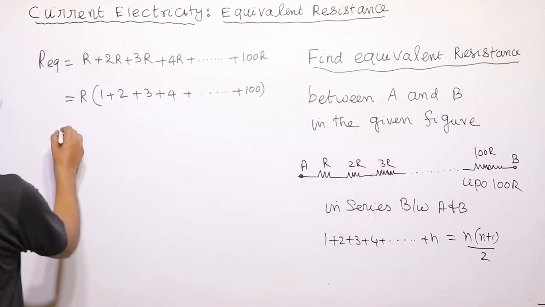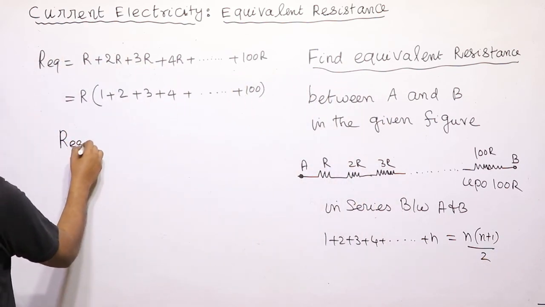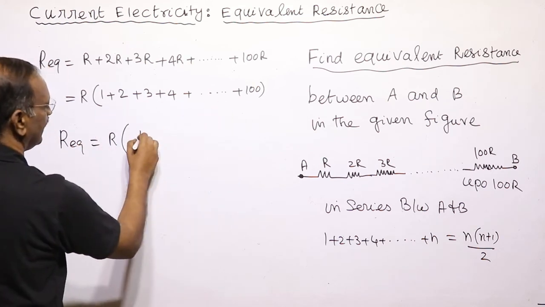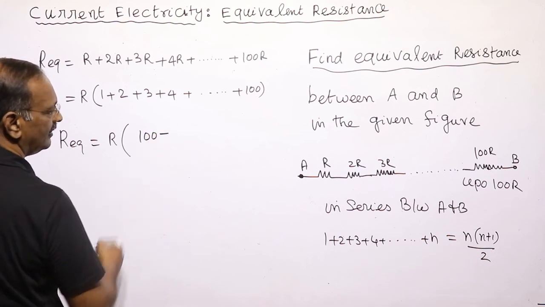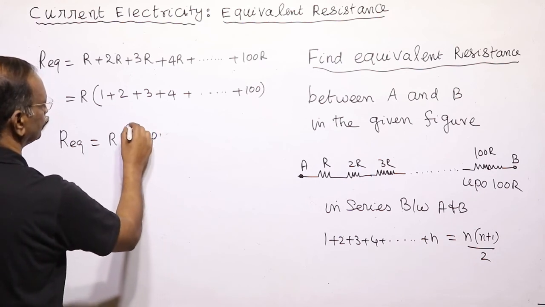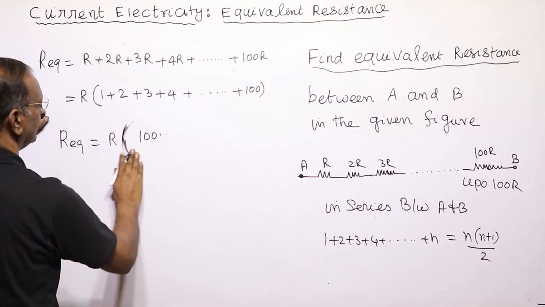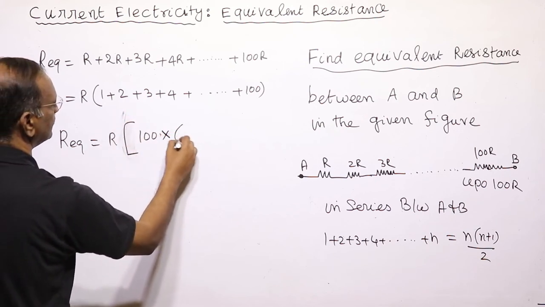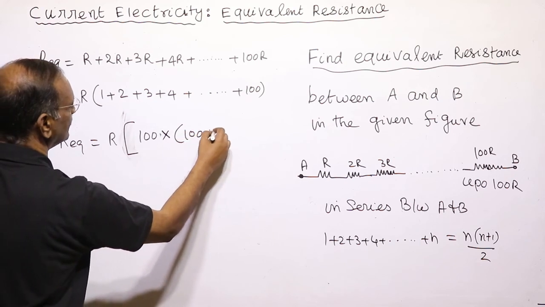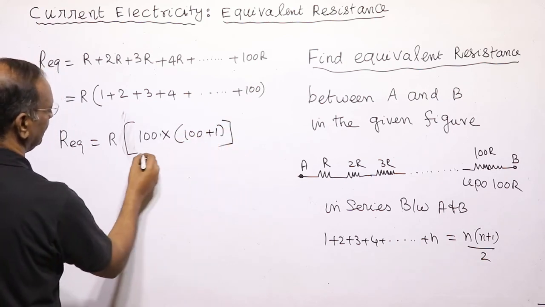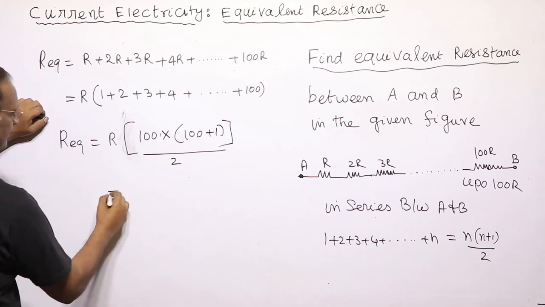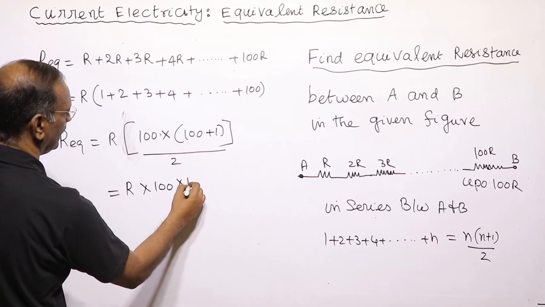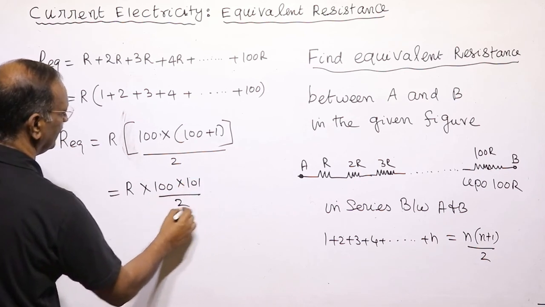Same way here, R equivalent is equal to R into 100 into 100 plus 1 divided by 2, which is R into 100 into 101 divided by 2.